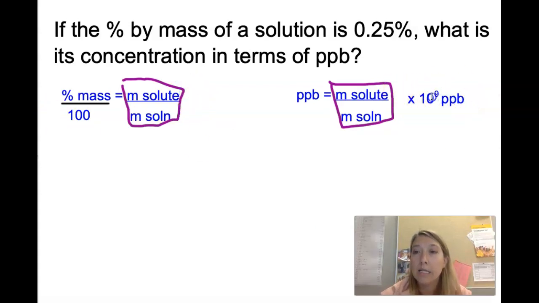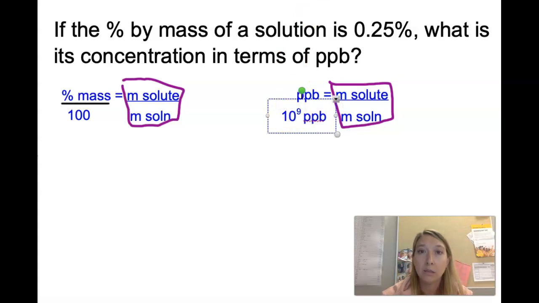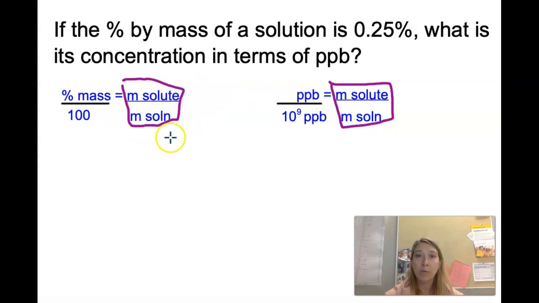I can take this 10 to the 9, and I can move it over here, and I can divide by it. And so now I've made it so I have mass of solute over mass of solution for both of them. And I say that the percent by mass over 100 equals PPB over 10 to the 9 PPB. So now I can combine those together.